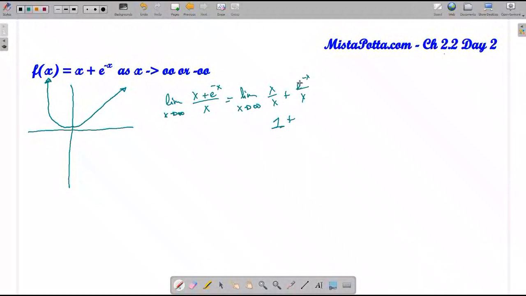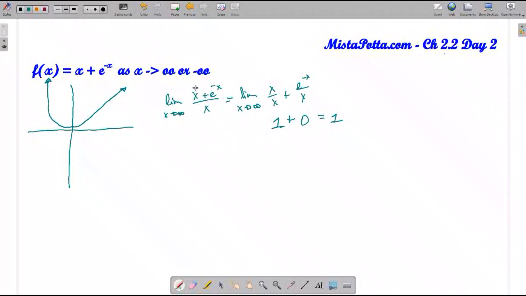And this certainly goes to 0 much faster than this goes to infinity. So this ends up being 0. So I end up with a constant of 1. And when I end up with a constant, that means that these functions are growing at the same rate.